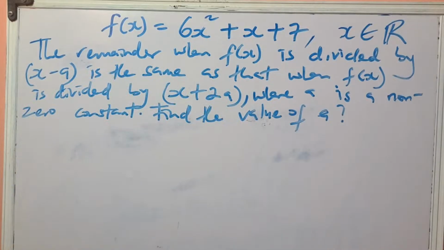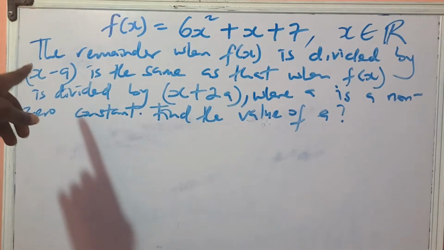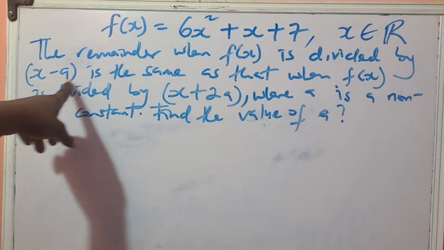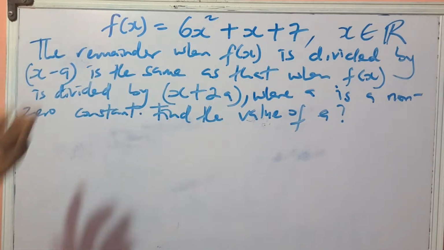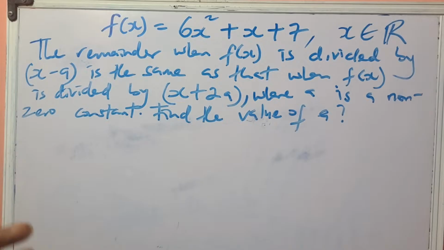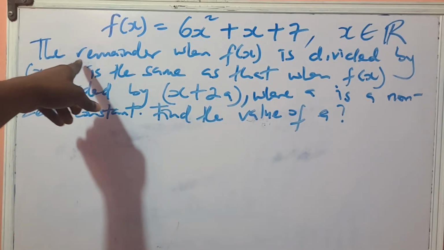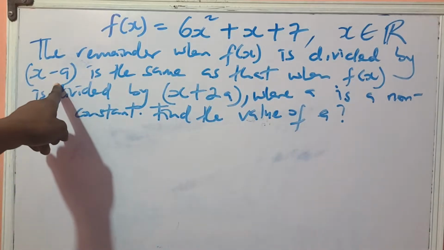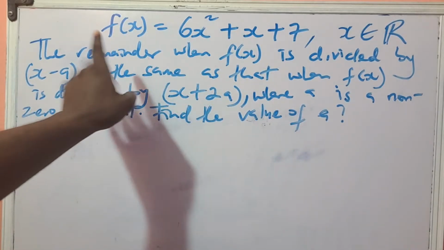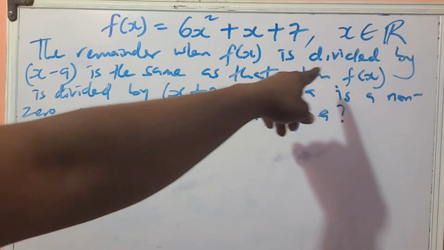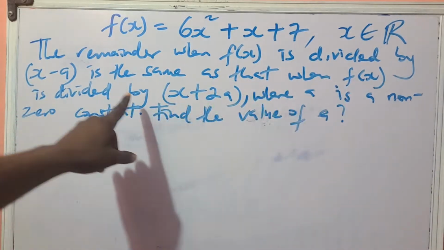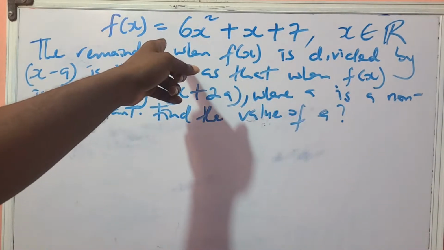That's one of the theories around factors and remainder under polynomial. So x minus a, if it's a factor of this polynomial, the remainder would not exist. It will be perfect. It will have a perfect division. But in this case now, we're told that the remainder when f of x is divided by this, we had the answer as the same when we divided the same polynomial by x plus 2a.